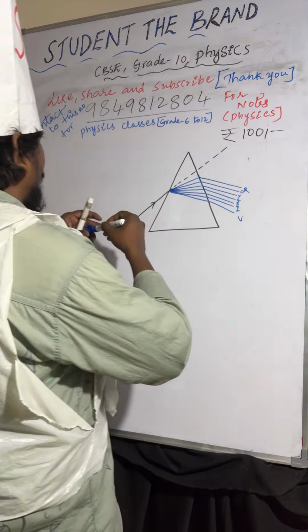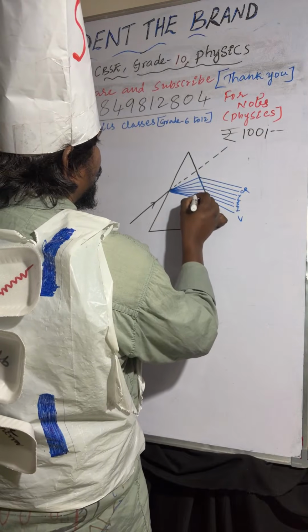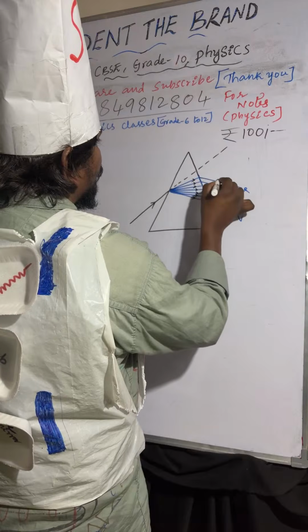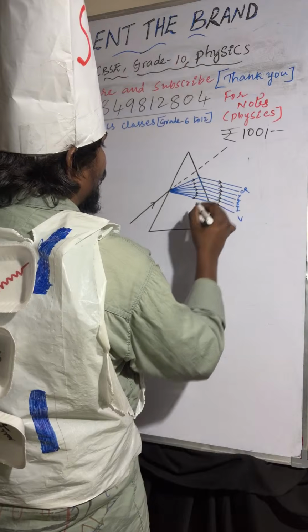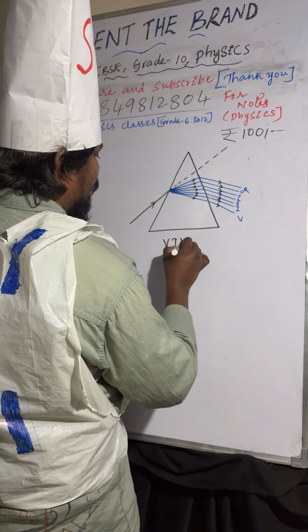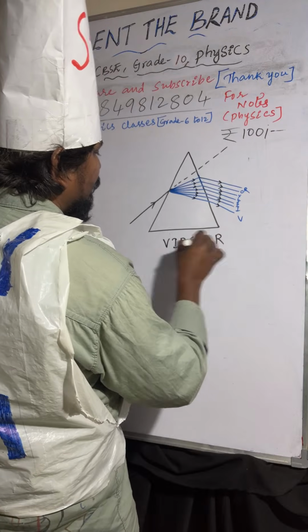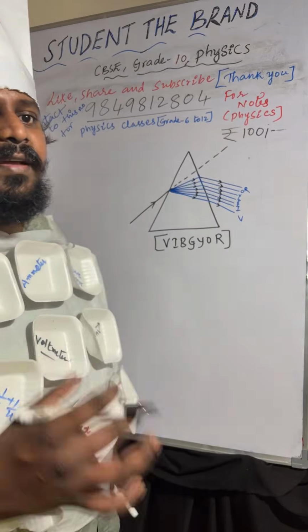So you can see here: violet, indigo, blue, green, yellow, orange, red. These are the 7 colors.